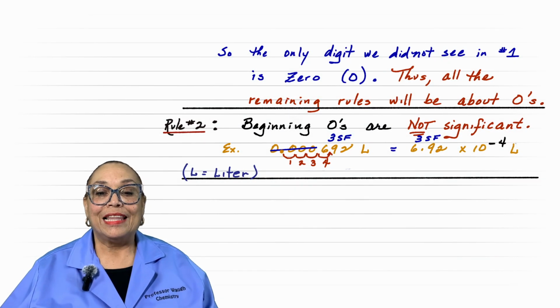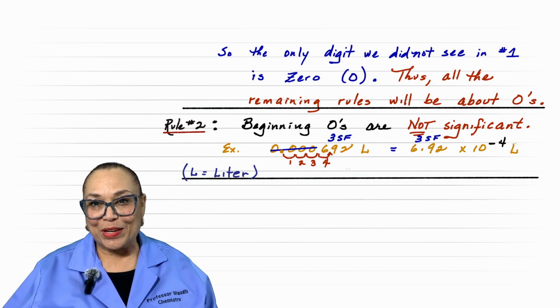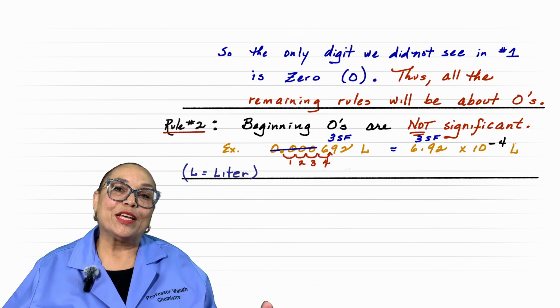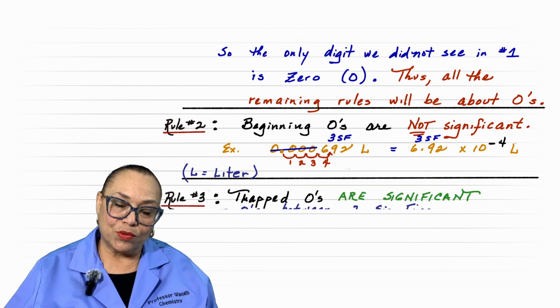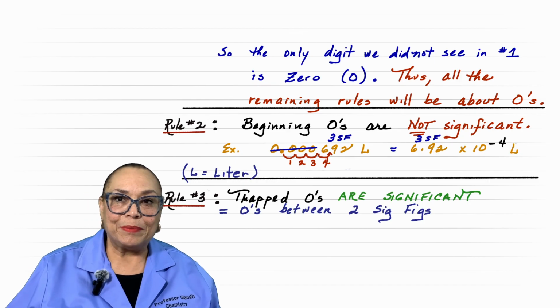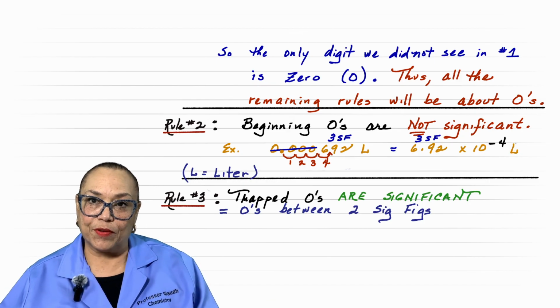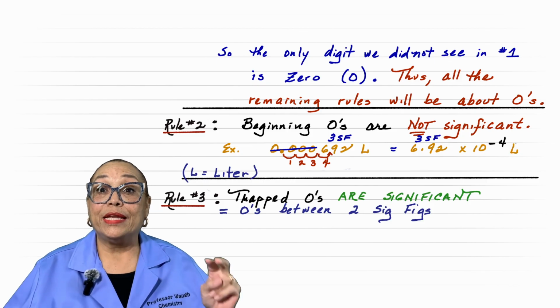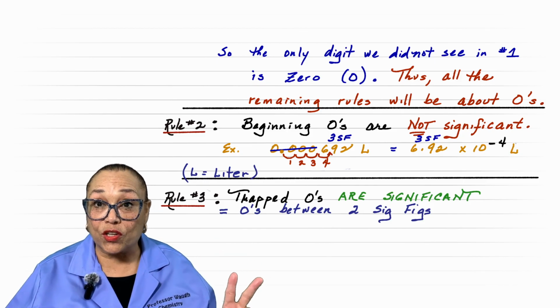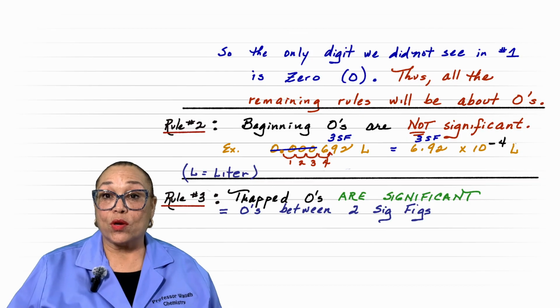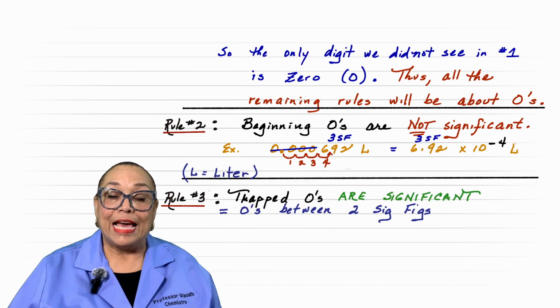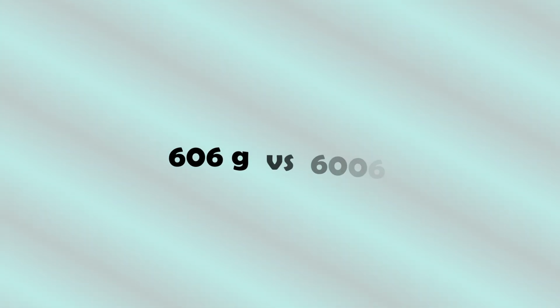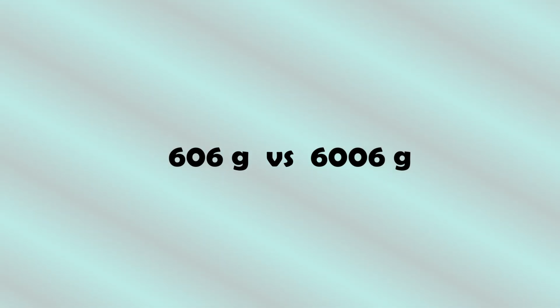All right, let's go on to rule number 3. Rule number 3 is all about trapped zeros. Now, what do I mean by trapped zeros are significant? That means that if you've got zeros between 2 significant figures, then those zeros are significant. An example would be 606 grams versus 6,006 grams, okay?